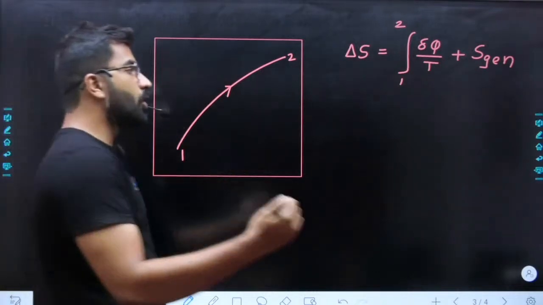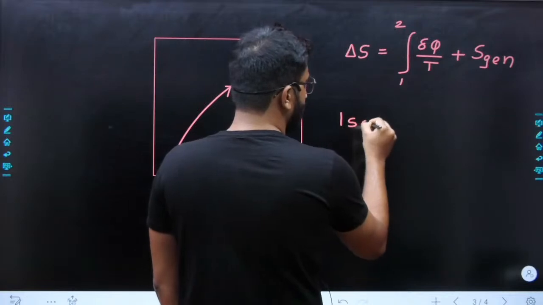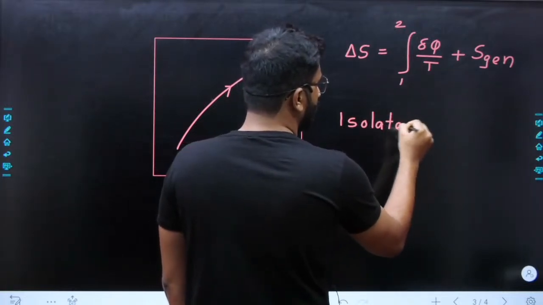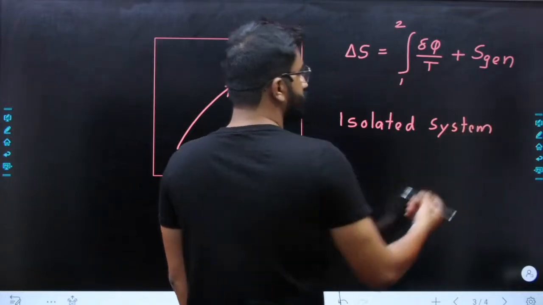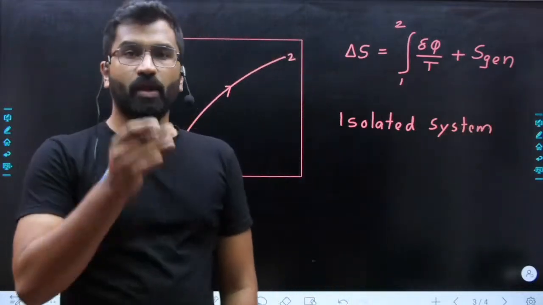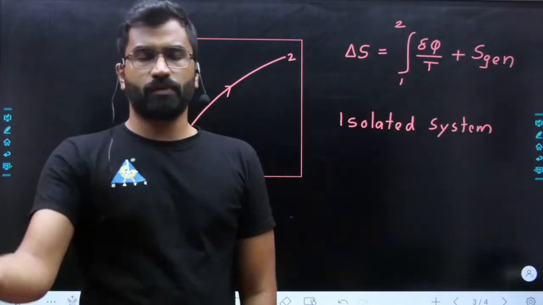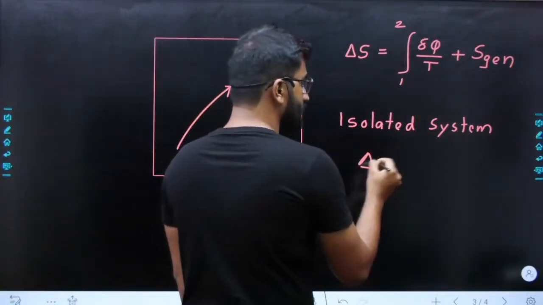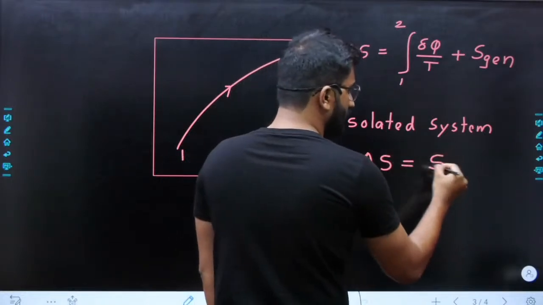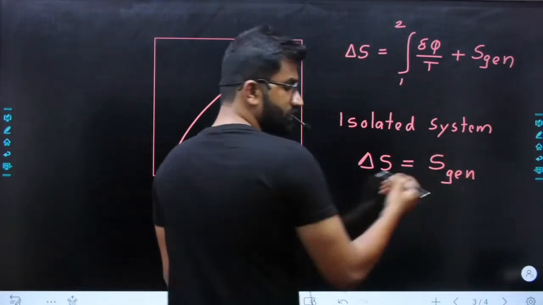Now, if they give you an isolated system, what is the meaning of an isolated system? Isolated system means you cannot have any heat transfer or mass transfer, nothing will be there. So for an isolated system, your delta S will be equal to S generation.